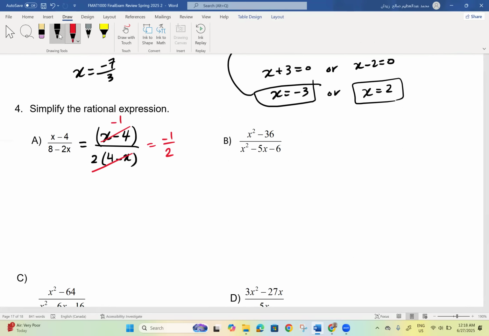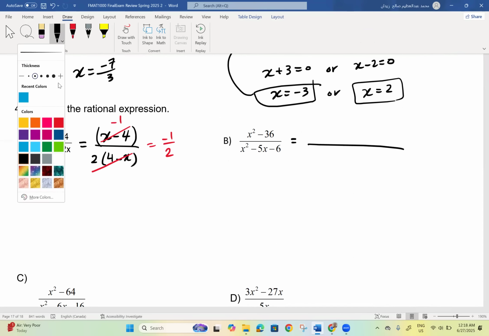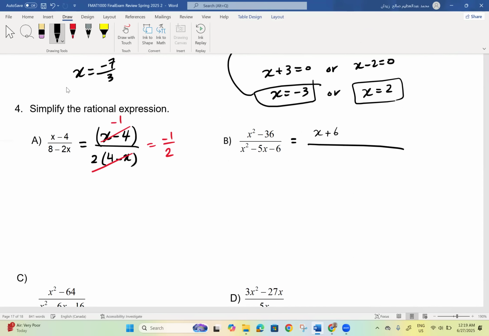Okay? So you can factor a difference of two squares, and just write x plus 6 times x minus 6, okay, difference of two squares, quite easy. And the other one is simply x and x, and the 6 is 1 times 6. Be careful, you cannot write here 2 times 3.